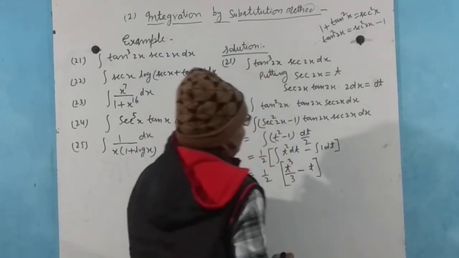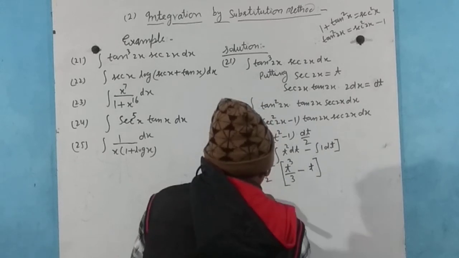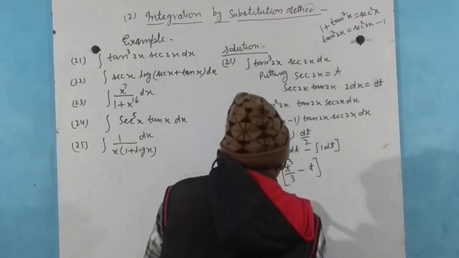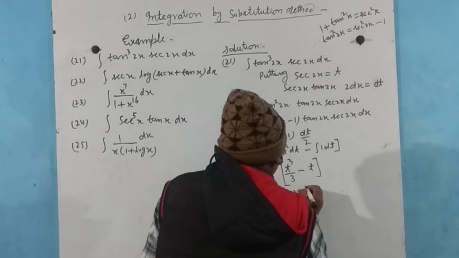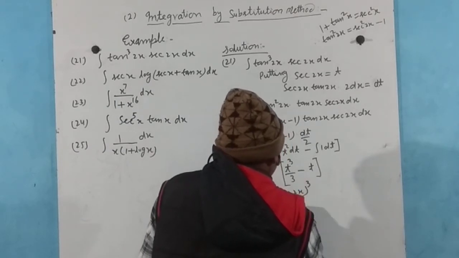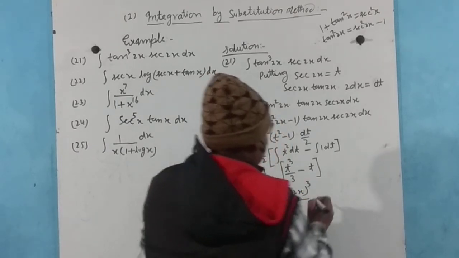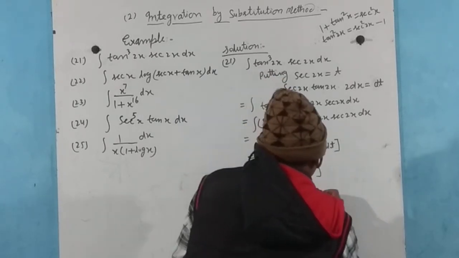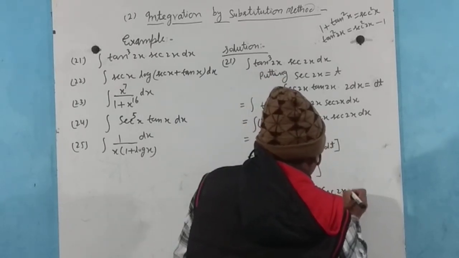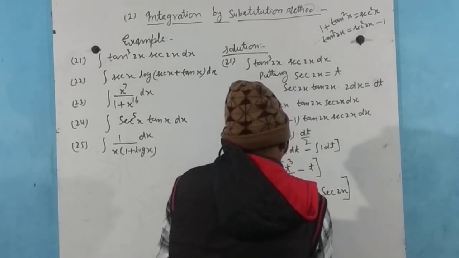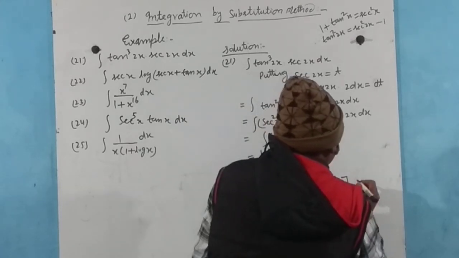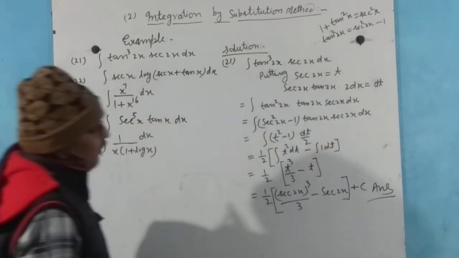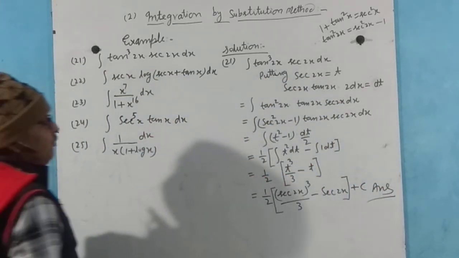Now putting the value of t, in this case 1 by 2 times sec 2x to the power 3 divided by 3 minus sec 2x plus integrating constant c. This is our answer here.